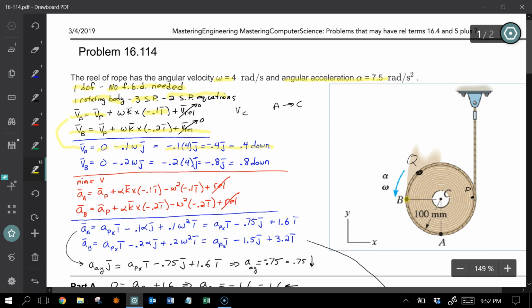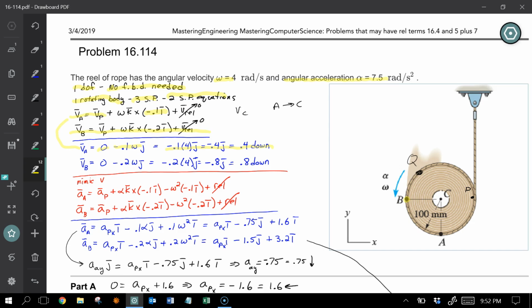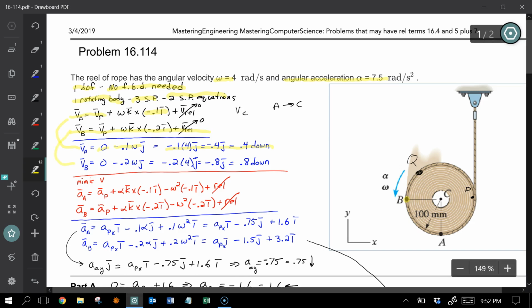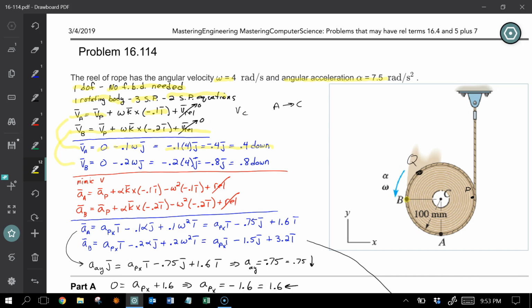And then I just simplify a little bit and grind it out with some algebra. So I get velocity of C, not A, velocity of C is equal to negative 0.4 J. The 0.4 is the magnitude of it, and the negative J is the direction. So on a test, I would write that's equal to 0.4, and it's down. Okay, so then you bring the second equation down, and you substitute in for that one. Velocity of B equals velocity of P, again, temporary contact, no slip, so P is equal to 0.